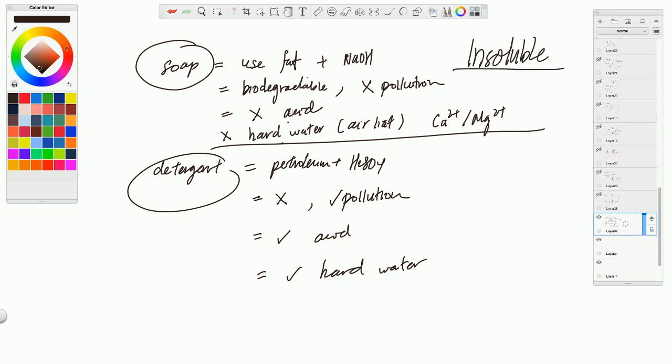In hard water and acid, soap is insoluble, but detergent is soluble in hard water and in acid. But then soap uses renewable resources because it's made from fat or oil. You can get it anytime. But detergent is made from petroleum.